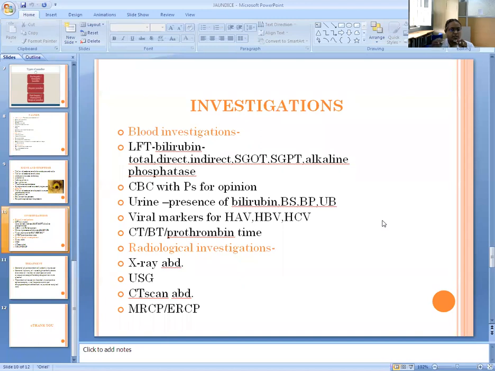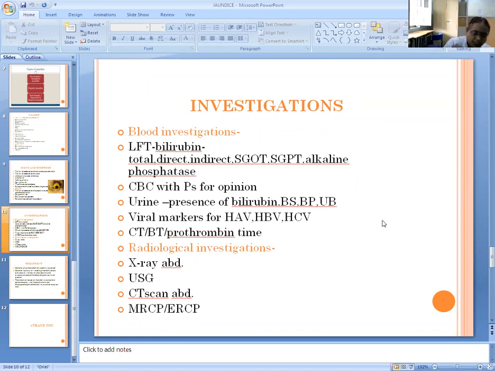Then MRCP, ERCP. What is MRCP, ERCP? MRCP is magnetic resonance cholangiopancreatography, and ERCP is endoscopic retrograde cholangiopancreatography.